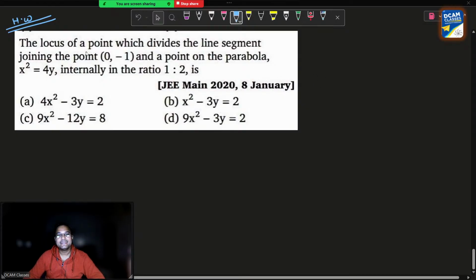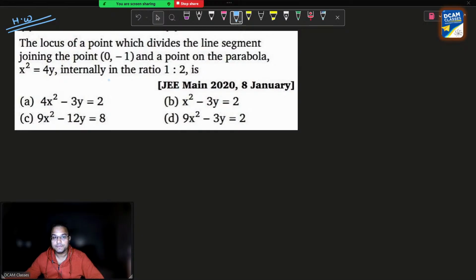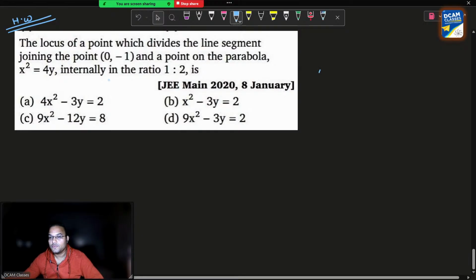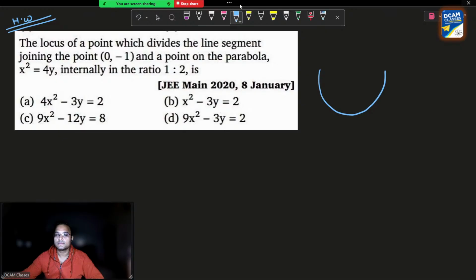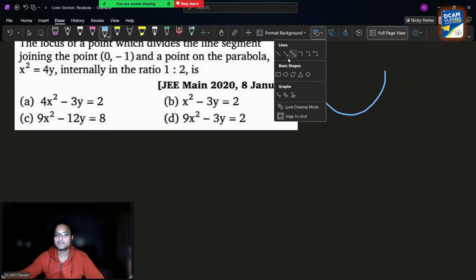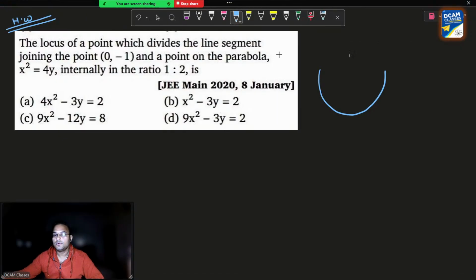Okay, C. The locus of a point which divides the line segment joining the point and a point on the parabola. See, this is x square is equal to 4y. The parabola is like this, opening upwards. So let me draw it first.